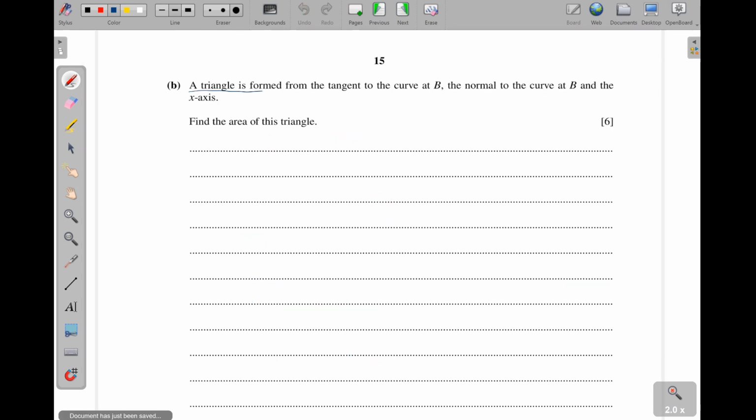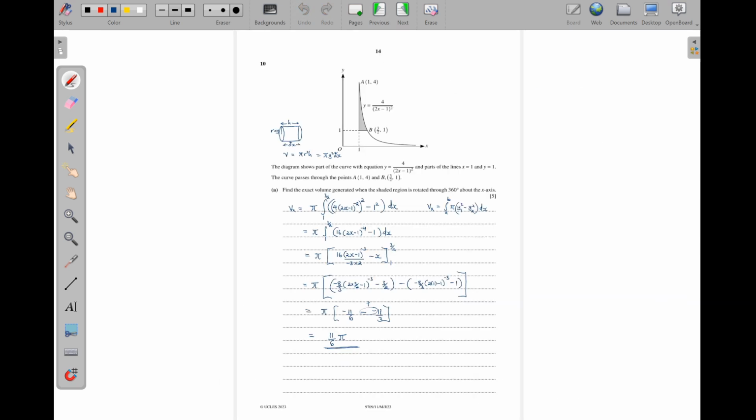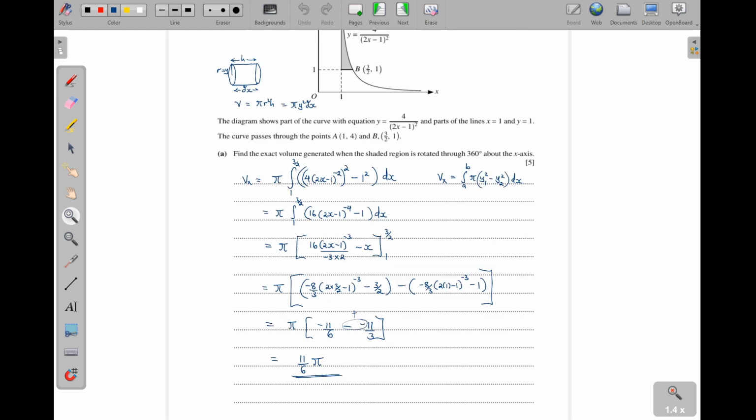Part B, a triangle is formed from the tangent to the curve at B, the normal to the curve at B, and the x-axis. Find the area of this triangle. I'm going to do a small sketch here, but let us first go back and check.